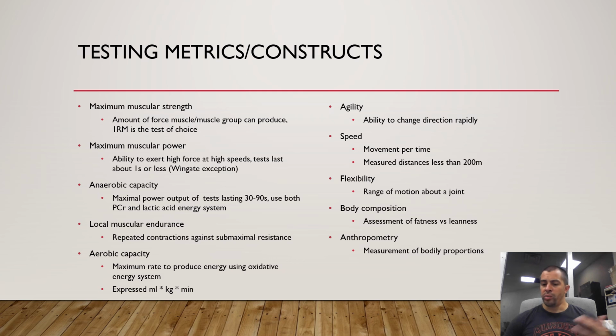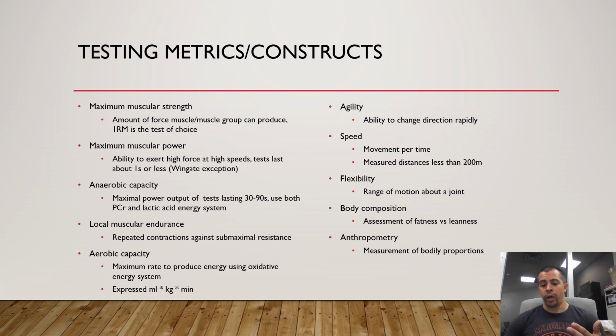Flexibility is the range of motion about a joint. For this, we might use something like a goniometer and measure degrees of motion. Body composition is an assessment of fatness versus leanness. And for this test, typically we could do a lot of different things. I spoke earlier, we could do the gold standard, which might be considered the hydrostatic weigh-in or the dunk tank.